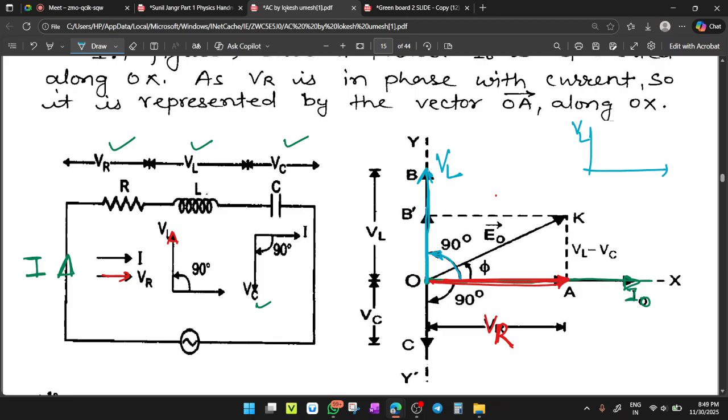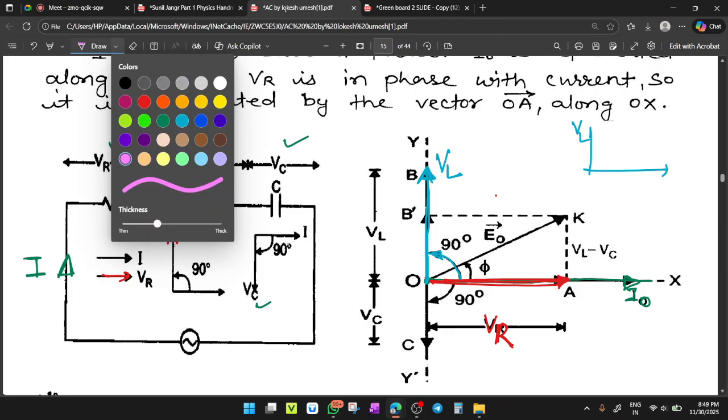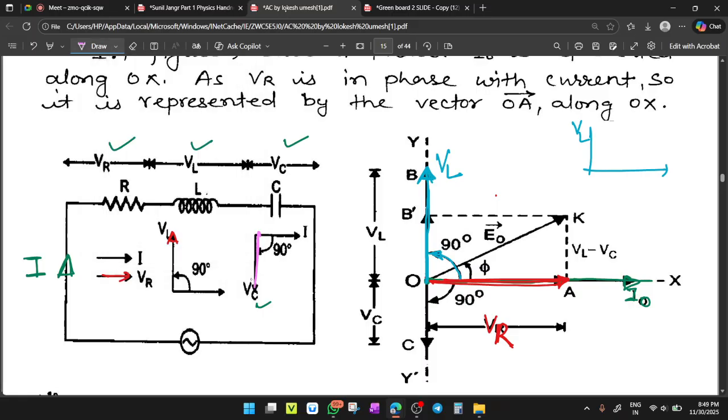Then in pink color, you know the voltage across the capacitor VC is lagging behind the current, so take VC here, the smaller voltage. In this case, we suppose that VL is greater than VC. It may be reverse also, but in this case we consider VL greater than VC.